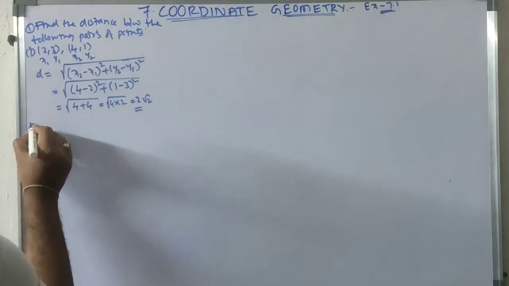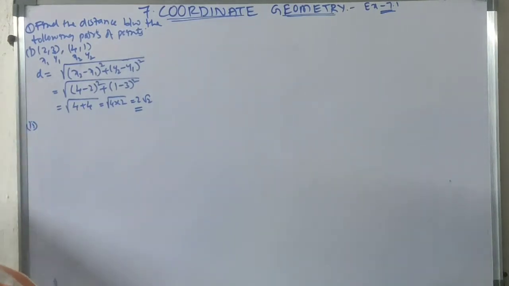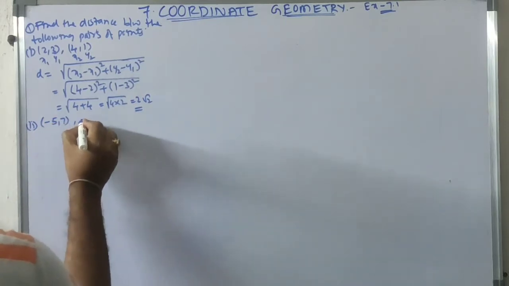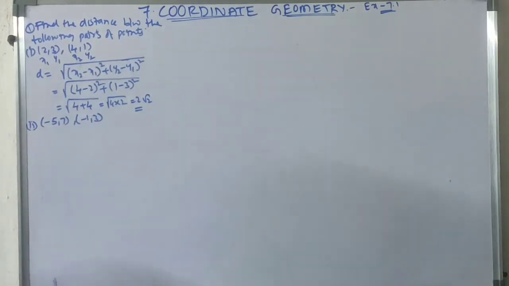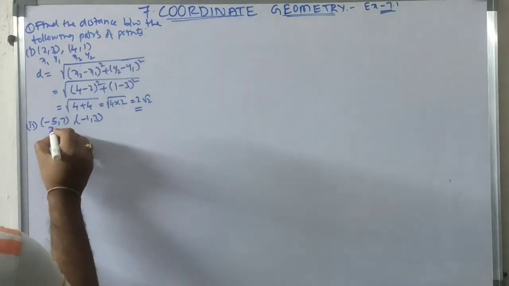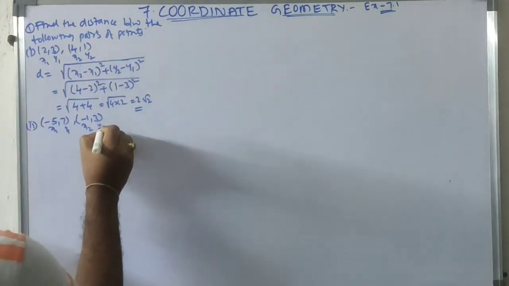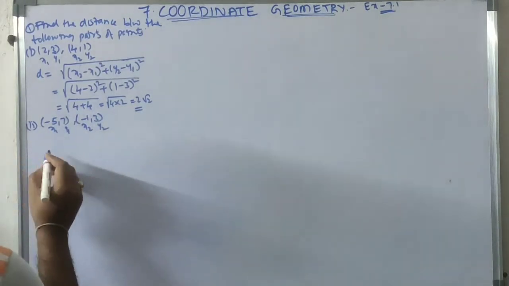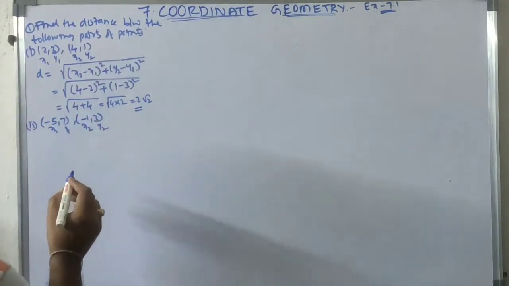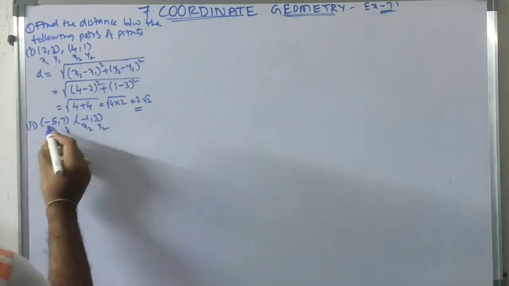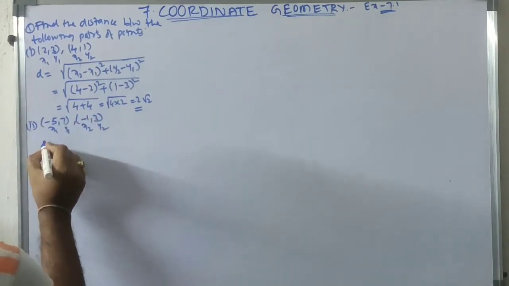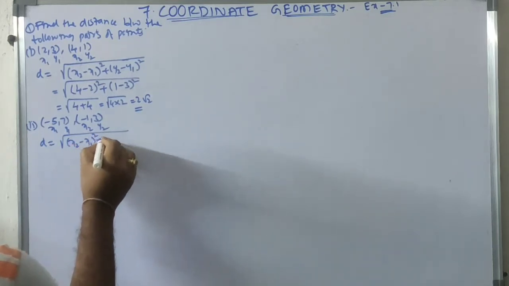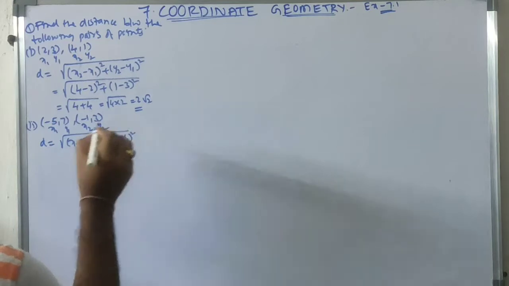Next, the second one is (minus 5, 7) and (minus 1, 3). These two are the points x1, y1 and x2, y2. Now the solution: distance formula is under root of (x2 minus x1) whole square plus (y2 minus y1) whole square.